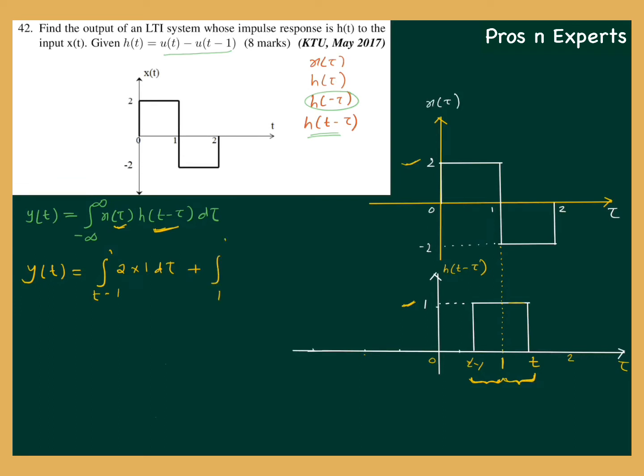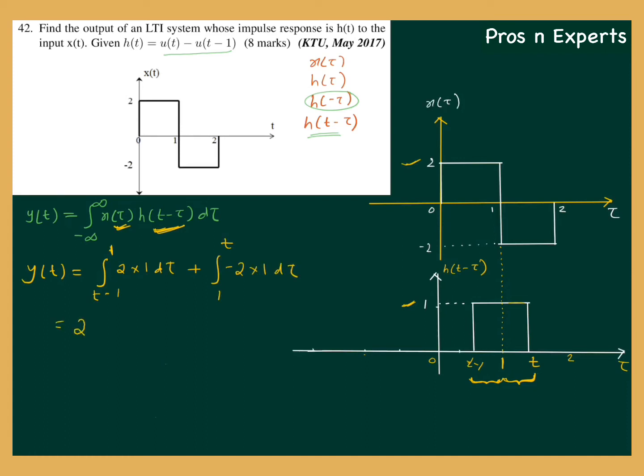What is x of tau into h of t minus tau in the integral 1 to t? Listen carefully. In the interval 1 to t, x of tau is minus 2 and not 2, and h of t minus tau is 1. So we can write minus 2 into 1 d tau.